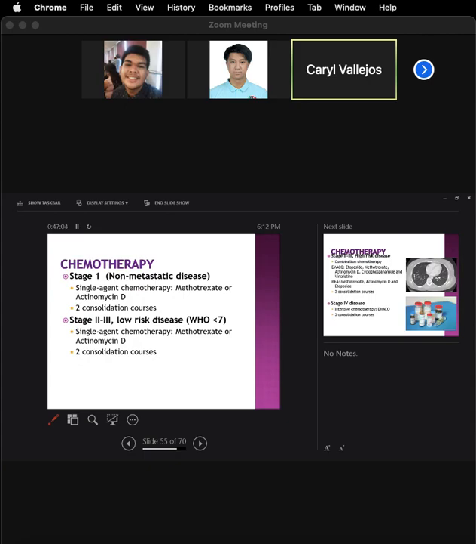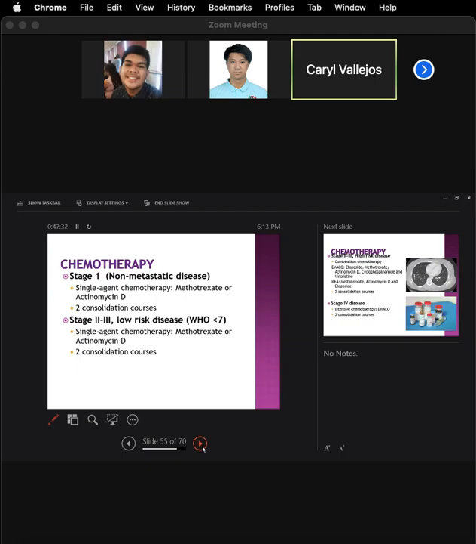If the stage is 1 and the risk score is 9, 10, still single agent, because stage 1 is confined in the uterus only, it is a non-metastatic disease. However, if it is stage 2 to 3 low risk, prognostic score less than 7, still single agent.